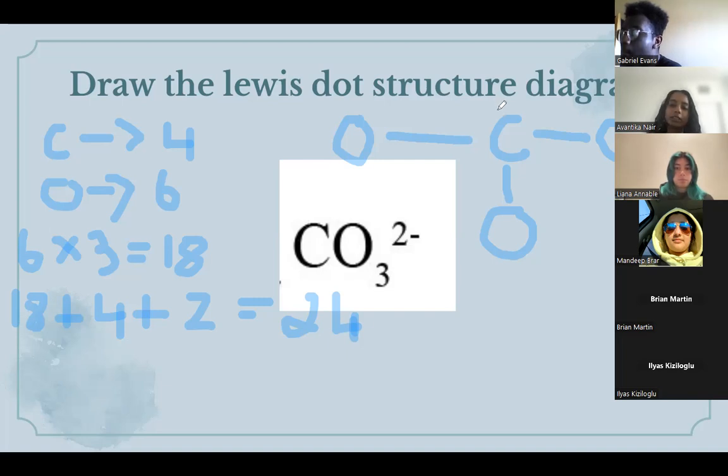Okay, Fatima says add an extra bond. Yeah, octet rule. Okay, so if I put 2 more like this, is that good? Yeah, because now carbon has 2, 4, 6, 8. Does that look good to everybody so far?